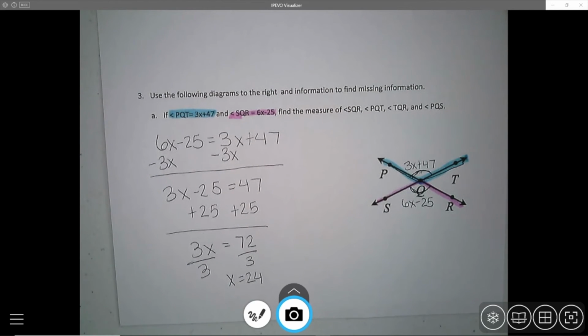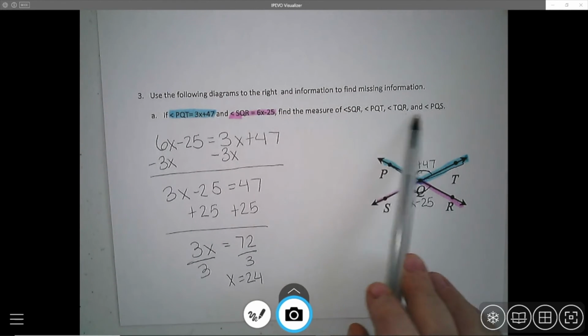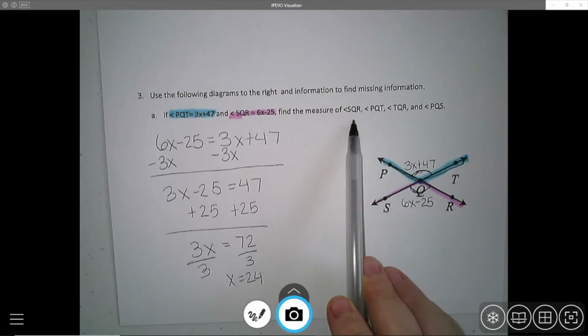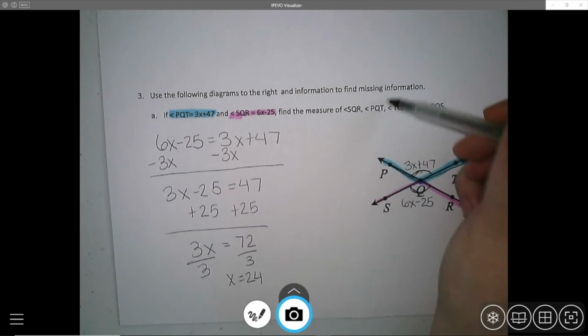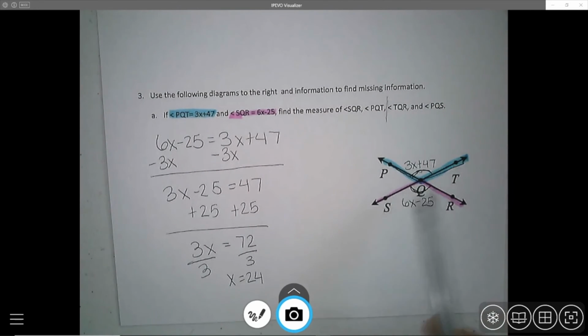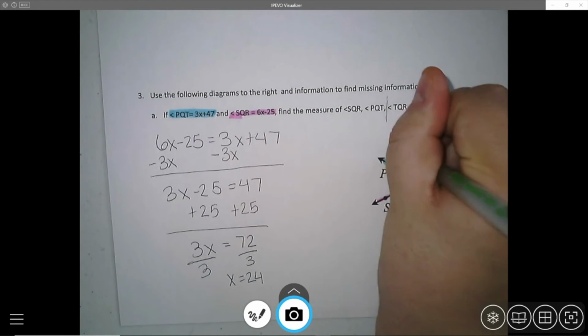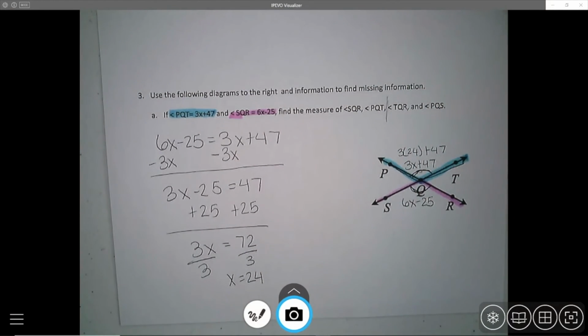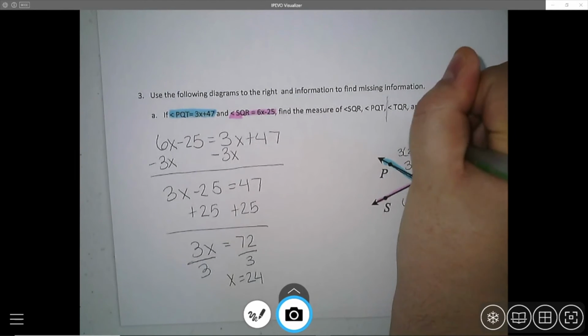Now, did they want me to solve for x? Now I can read further. No, they want me to actually find the angle measures of these. Start with the ones SQR and PQT, the first two. I can figure out these angle measures just by substituting in. So I can look and say 3 times 24 plus 47. 3 times 24 is 72 plus 47 gives me 119.